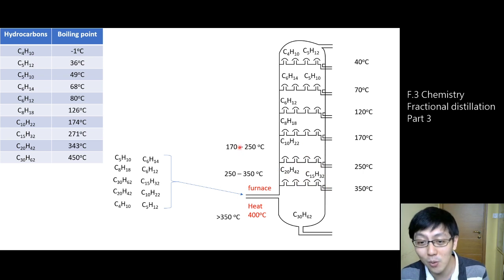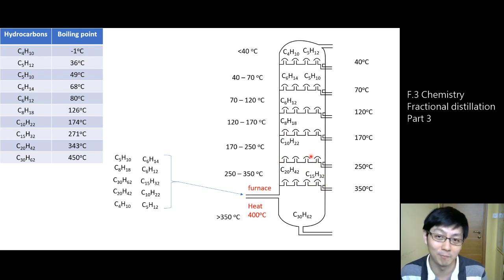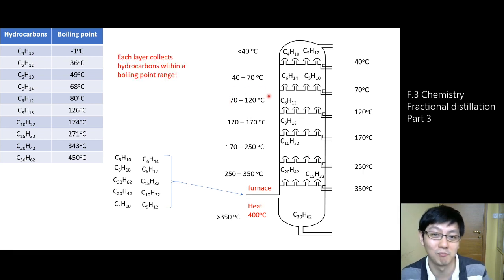Boiling point between 170 and 250, they are trapped in this region, and so on and so on. We are separating the hydrocarbons into different simple parts. Simply a mixture with a specific boiling point range.